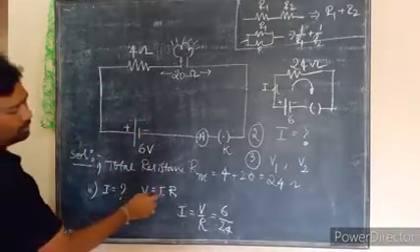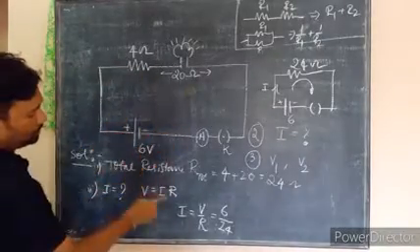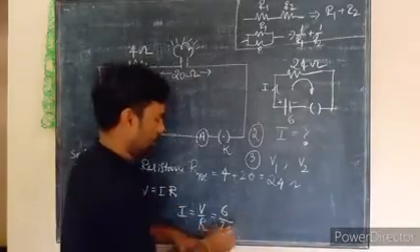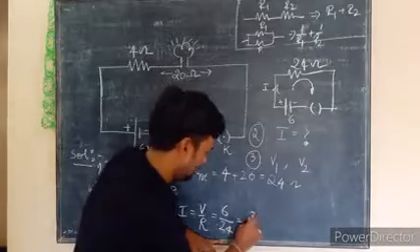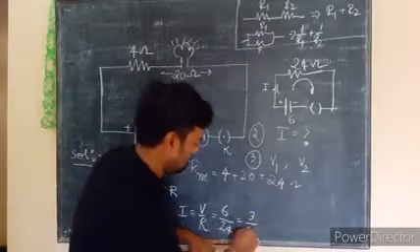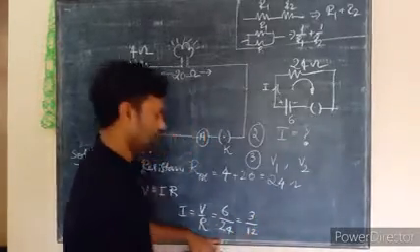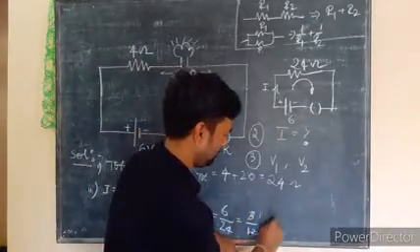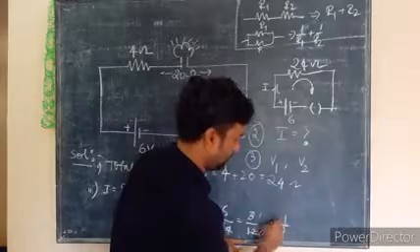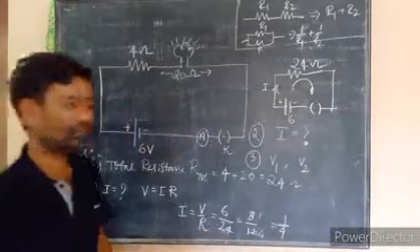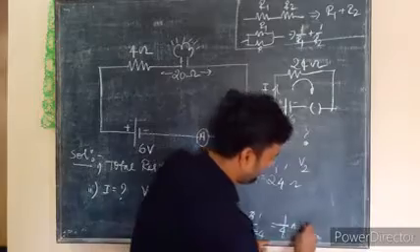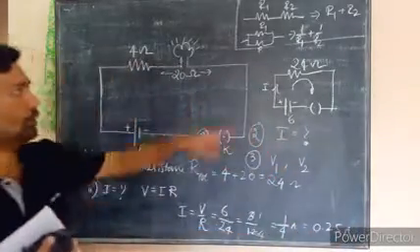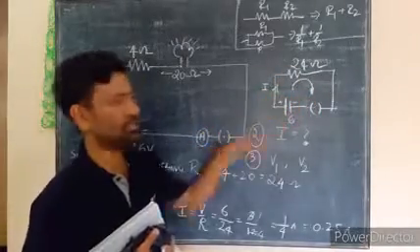Current flowing in the circuit is I equal to V divided by R. So V is 6, R is 24. 6 divided by 24 is 1 by 4 ampere, or 0.25 ampere. So 0.25 ampere current is flowing in this circuit. That is the second part.